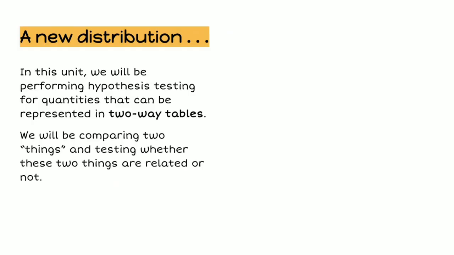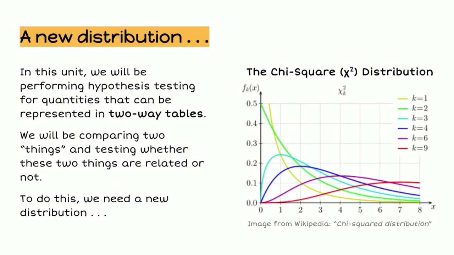For example, we can test claims about whether two things are related, whether one variable is independent of another, whether two distributions of categorical variables match or not. And we're going to look at all of those tests, all of which depend on a chi-square distribution.